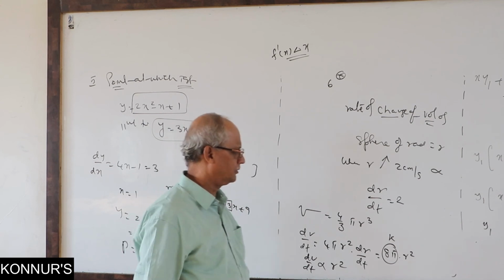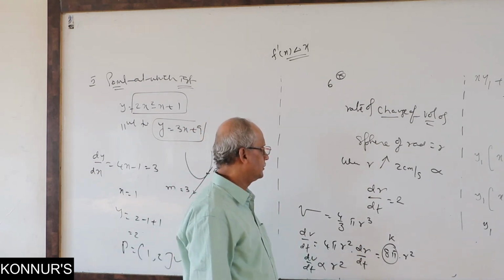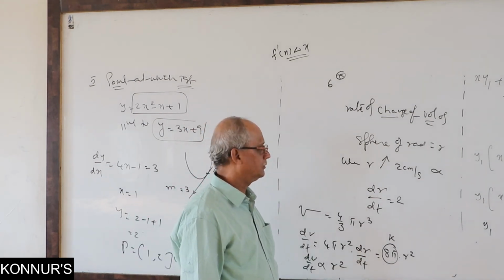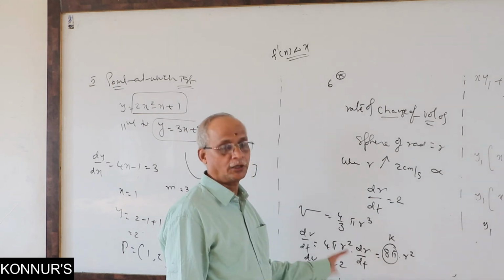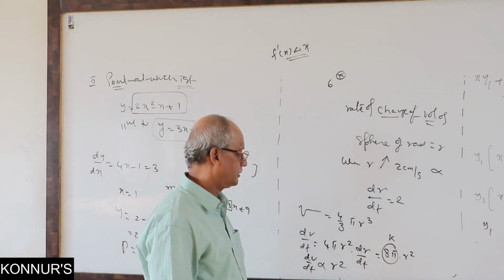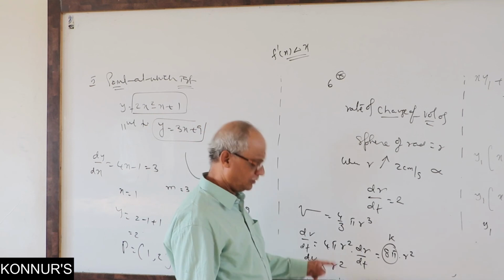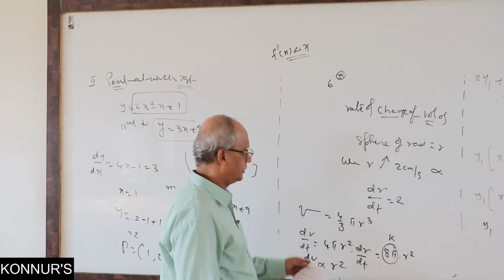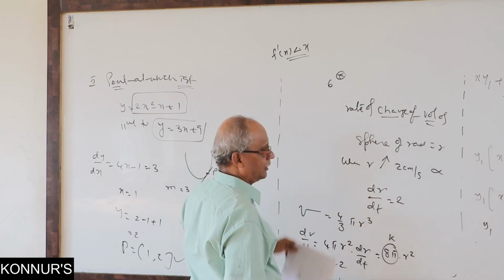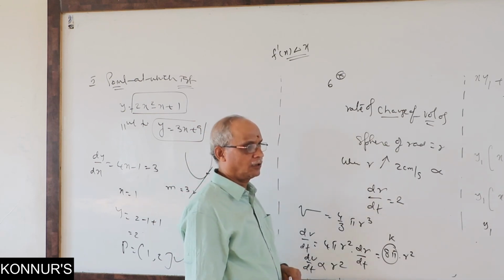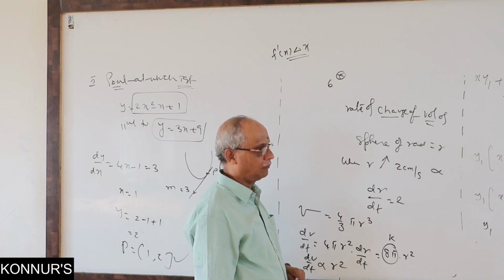All those concepts you understand. You will go into more depth on these in physics. Here, the rate of change of volume is proportional to the square of its radius. As for options A, B, C, D, I just gave you a correction, not necessary. We can also do it with surface area. The surface area of a sphere we can also do. That is also one problem only.